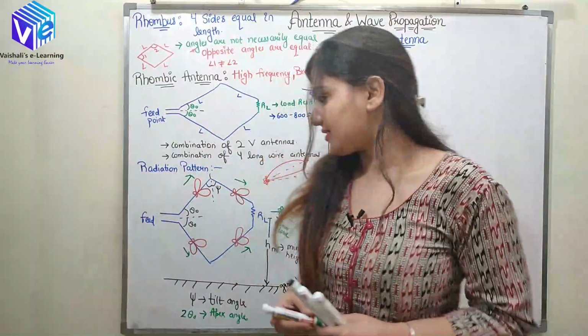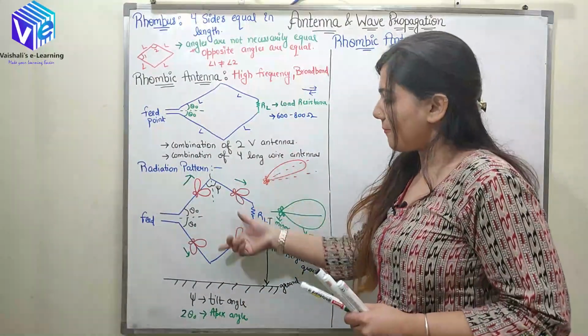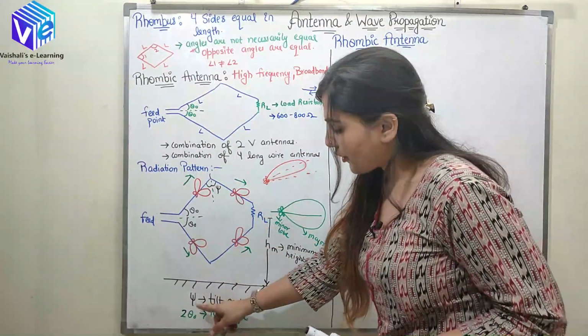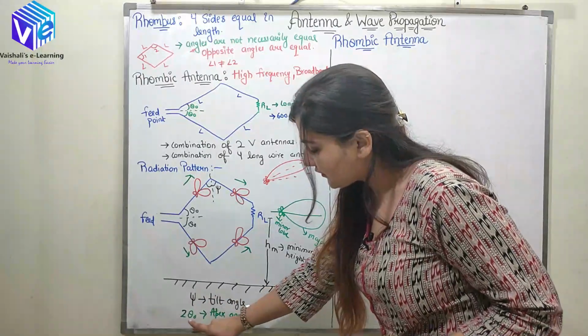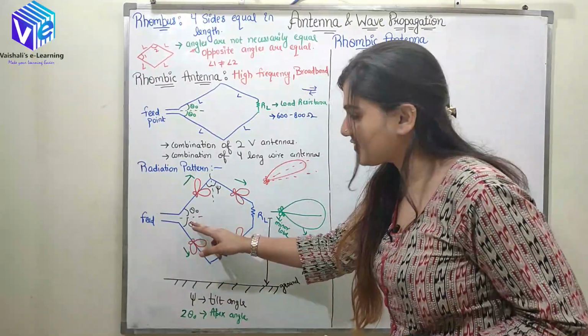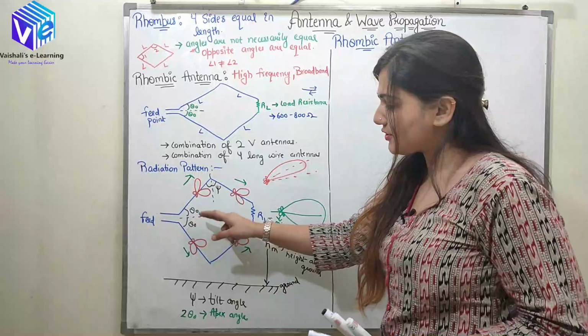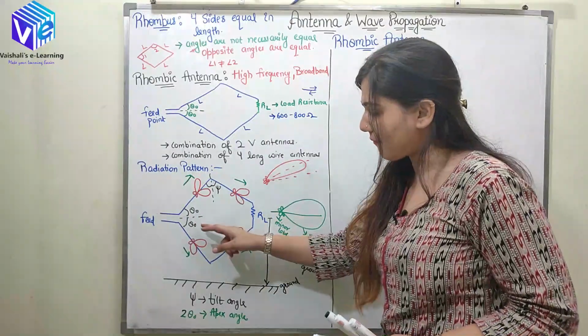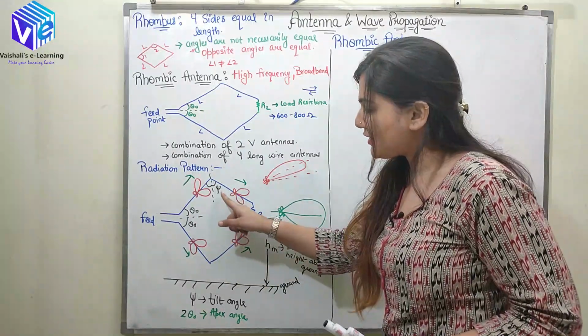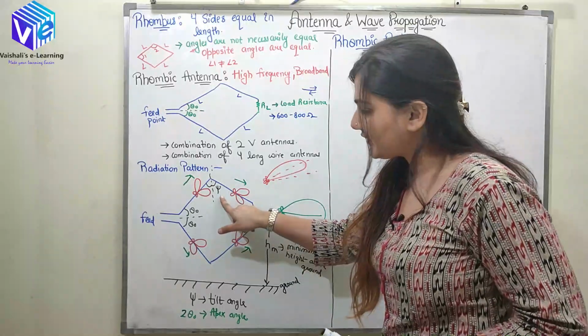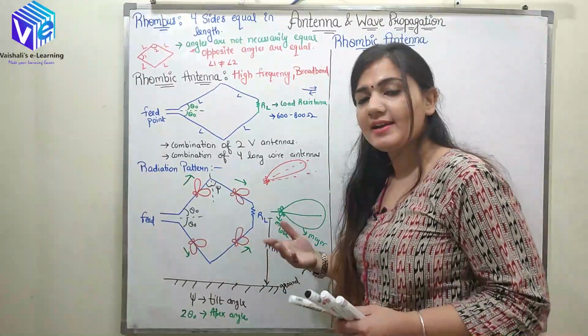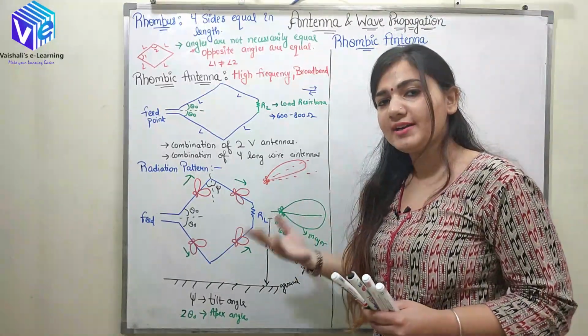We need to design our rhombic antenna. For designing, I need to know theta naught, the apex angle, plus I need to know psi, the tilt angle. The tilt angle I can decide according to my target.